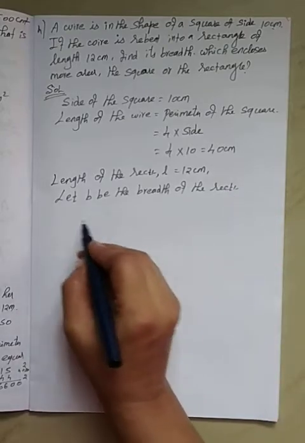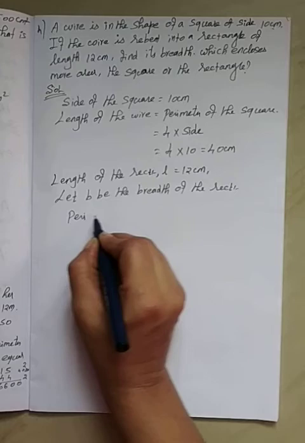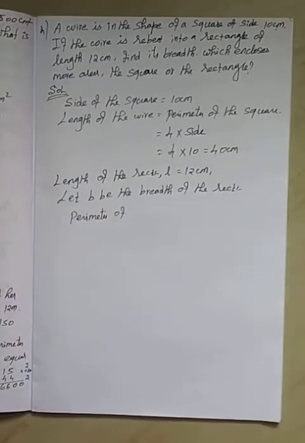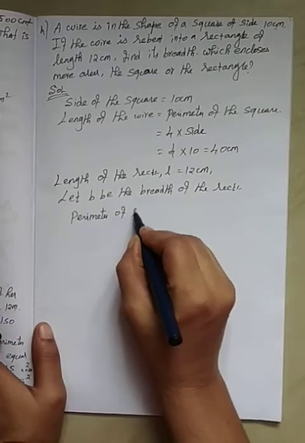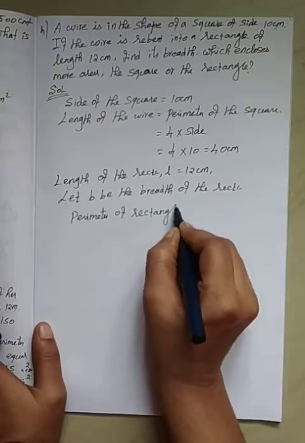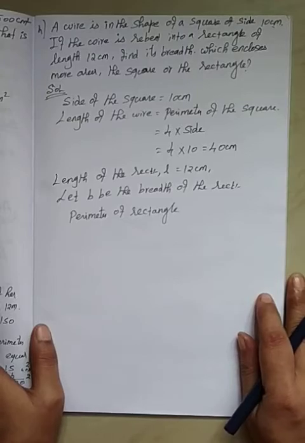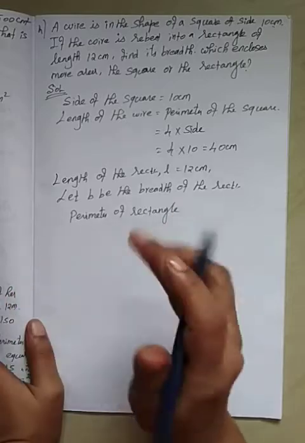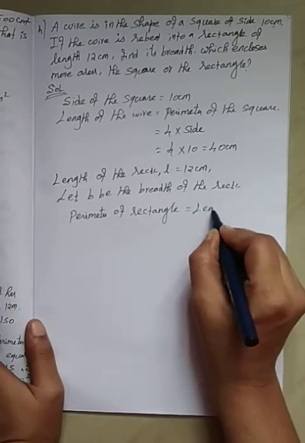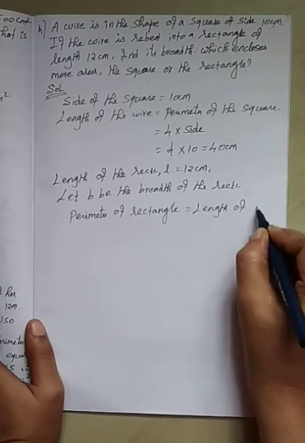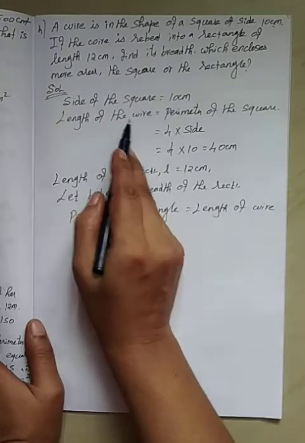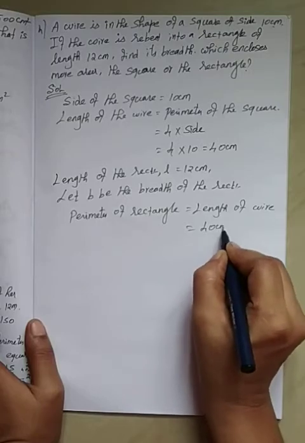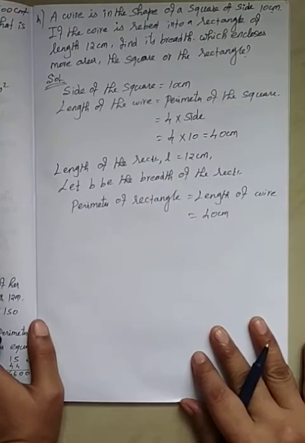So you have to write perimeter of rectangle. See here, the perimeter of the rectangle is nothing but length of wire, right? What is the length of the wire? 40 centimeter. So what is the perimeter of the rectangle? 40 centimeter. Everybody clear?